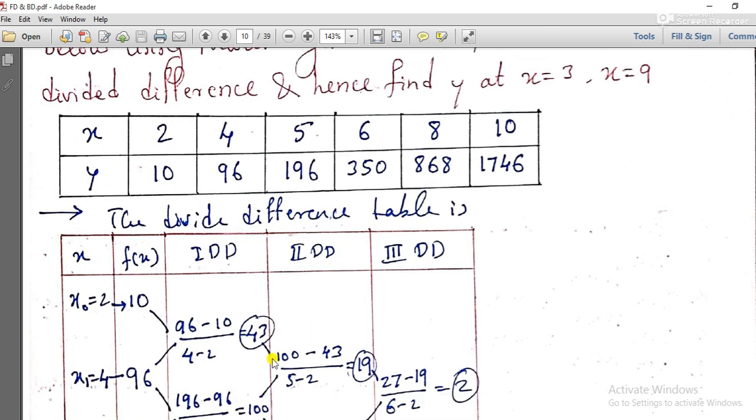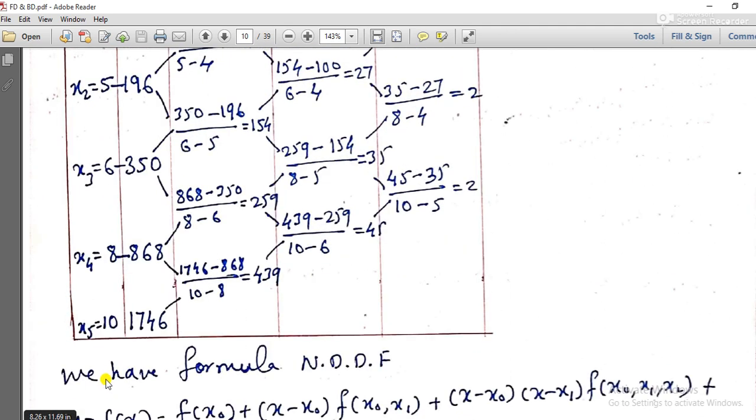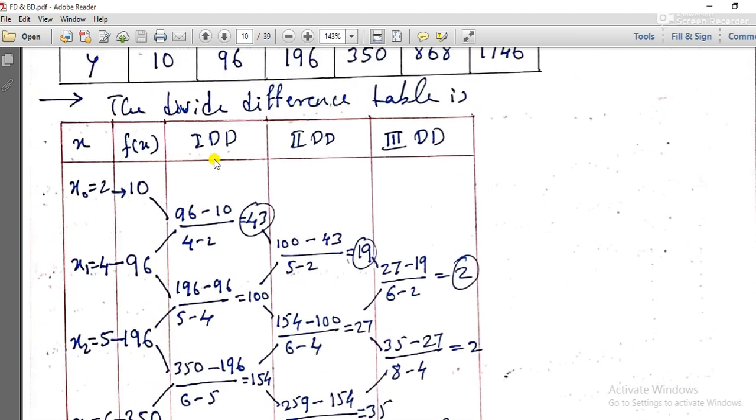First we have to prepare the divided difference table. The x values 2, 4, 5, 6, 8, 10 are given, and f of x is also given. The first divided differences: 96 minus 10 divided by 4 minus 2 is 43. Next, 196 minus 96 divided by 5 minus 4, subtract and divide, you get 100.